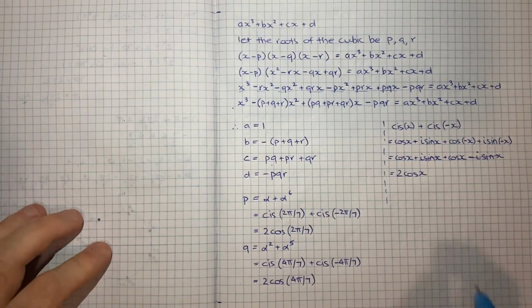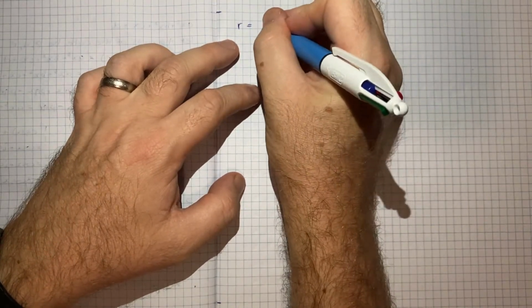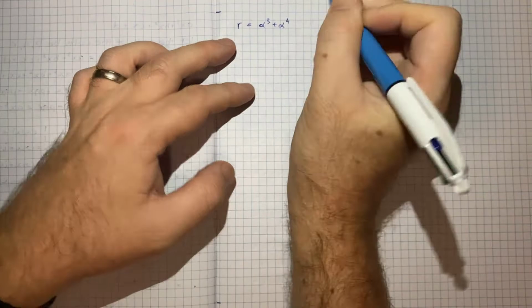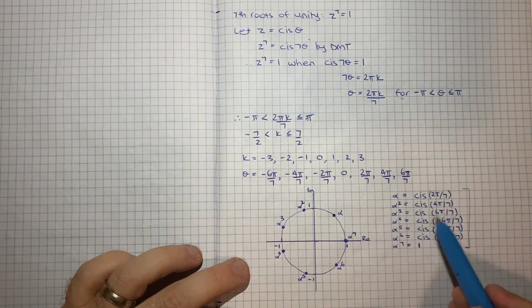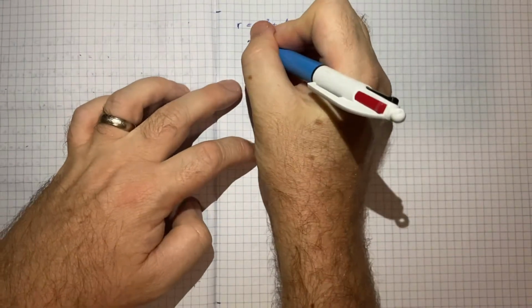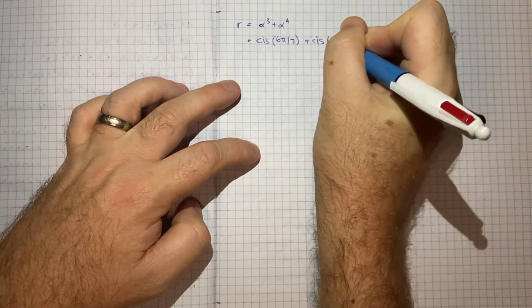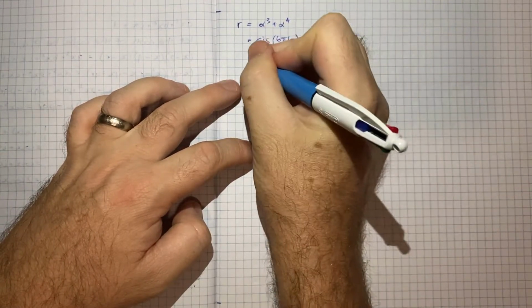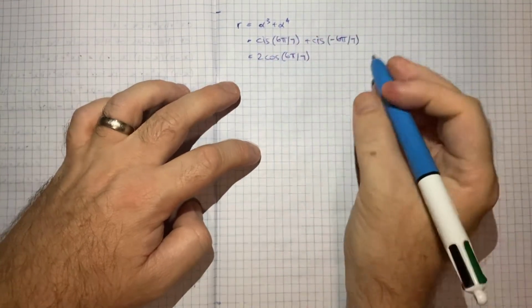Now we need to do r. So r is going to be equal to, we're told it's alpha cubed plus alpha to the 4. So that is the last remaining pair of complex conjugates. Alpha cubed is cis 6 pi on 7, and then cis negative 6 pi on 7. So cis 6 pi on 7 plus cis negative 6 pi on 7, and again that's just going to be 2 cos 6 pi on 7.